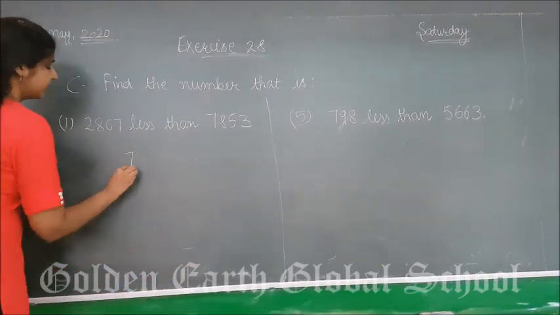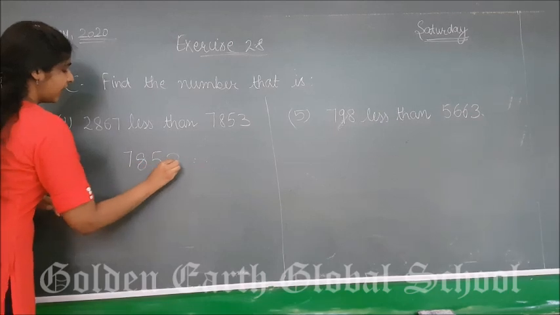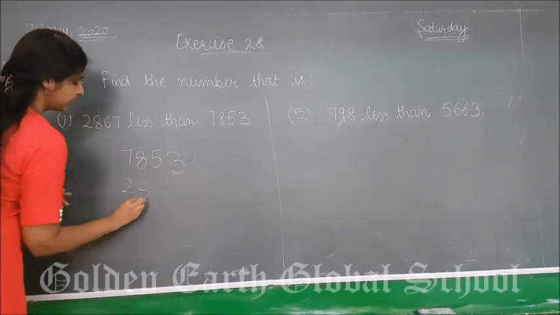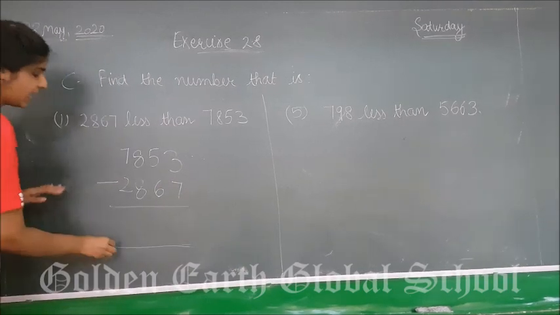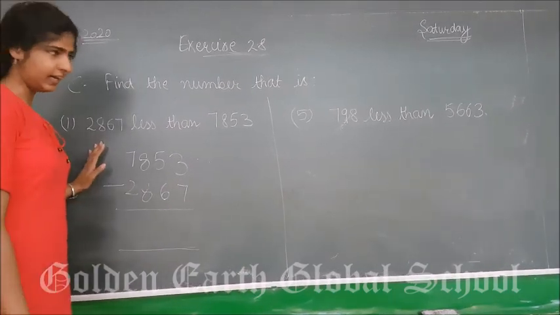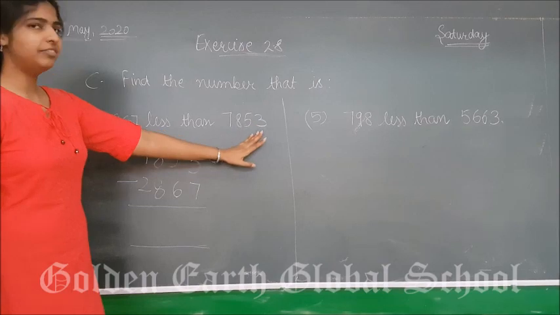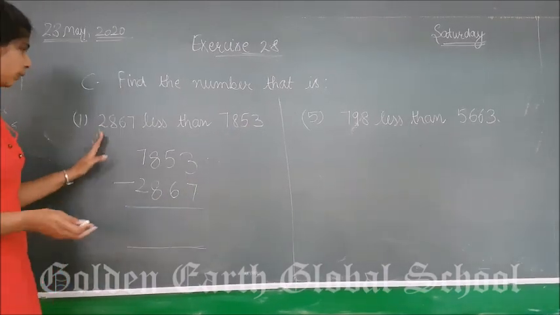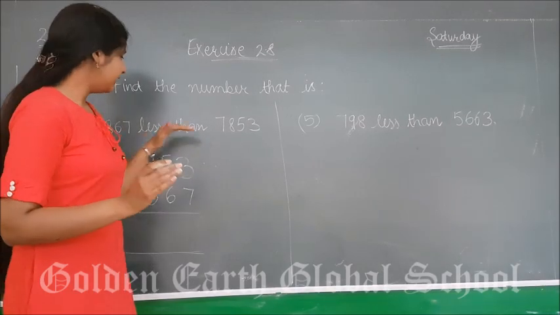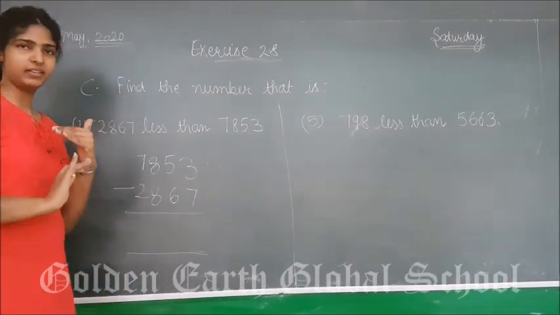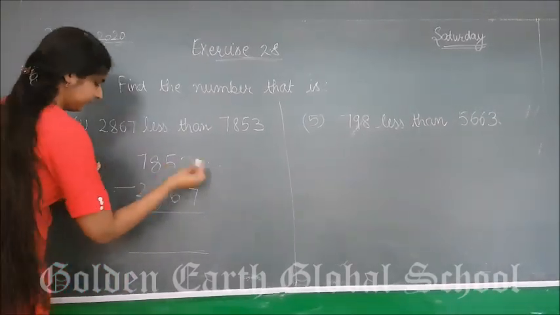So here 7853, 2867 minus, because हमें क्या पूछा है कि आपको वो नंबर बताना है जो 7853 से कितना छोटा है, 2867. More means add, less means subtract. क्लियर?